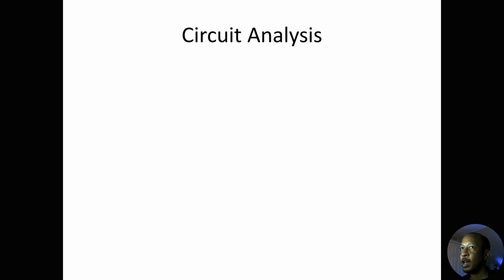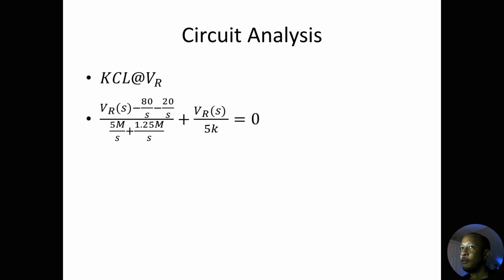Okay, so next we have KCL at VR, and that gives us (VR of S minus 80 over S minus 20 over S) divided by (5 meg divided by S plus 1.25 meg divided by S) plus VR of S divided by 5K equals 0.